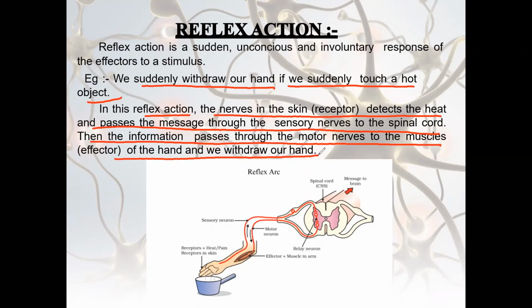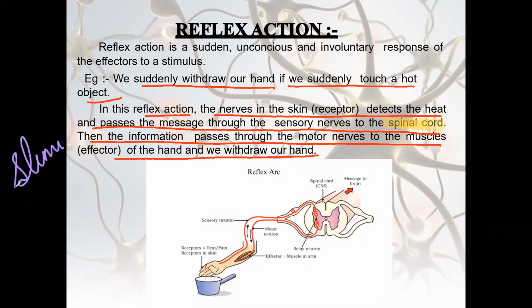Now, what is there here? The important thing that we have to point out here is the spinal cord, right? What happens here? The message, it's a simple one. It's not that complicated.